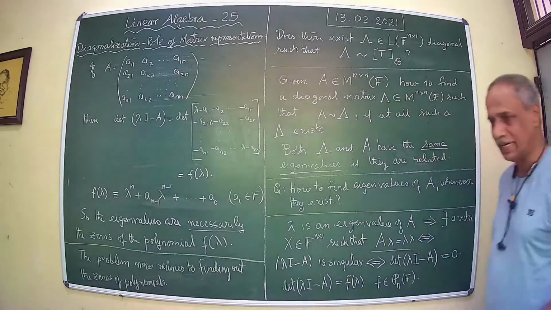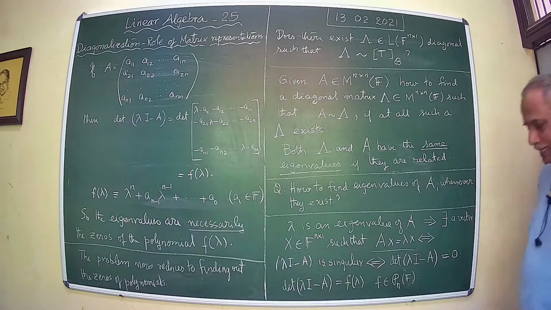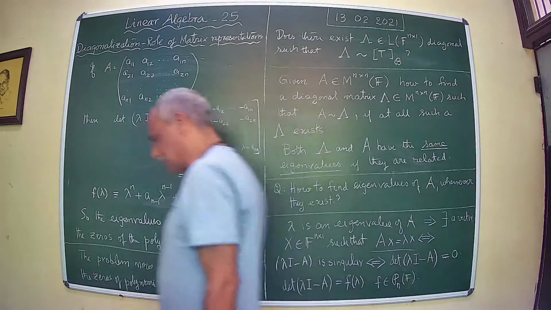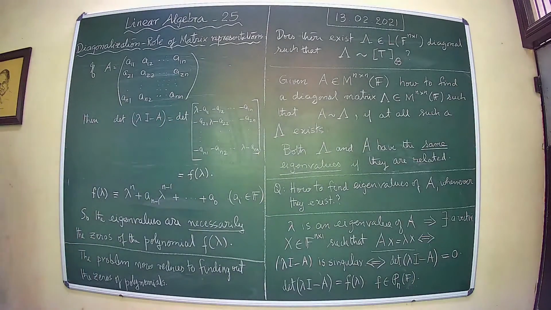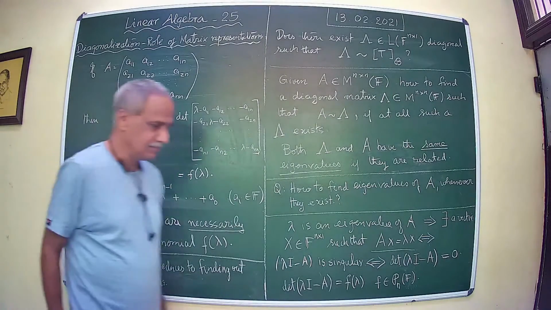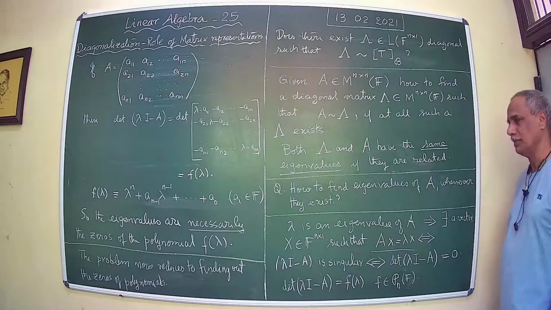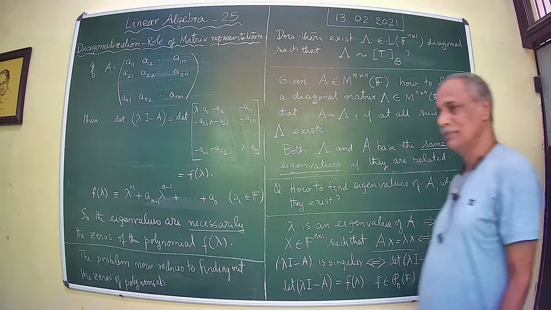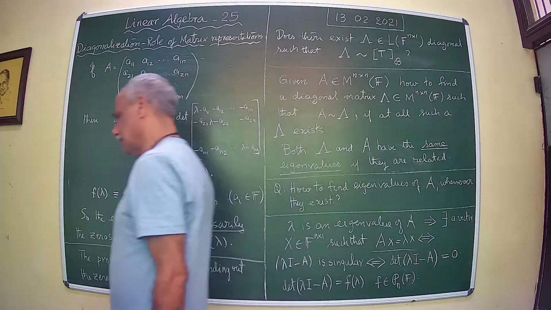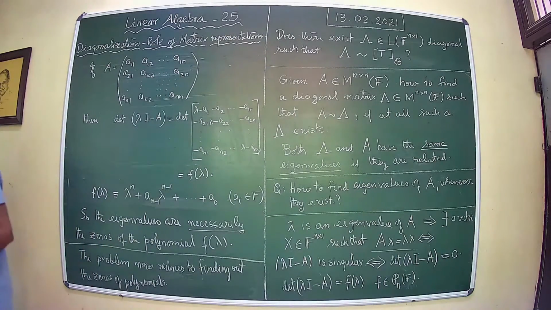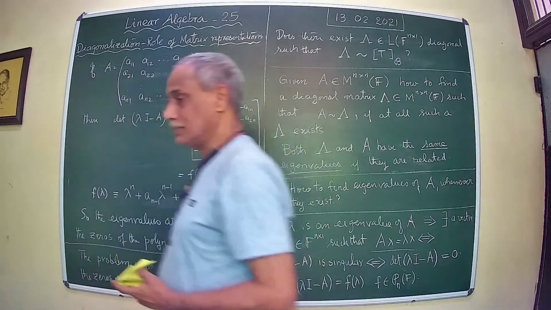It's a sort of dead end, in the sense that it's not an easy task to find out the zeros of a given polynomial. There is no general method except when the degree of the polynomial is less than or equal to 4. Beyond that, there is no general method.